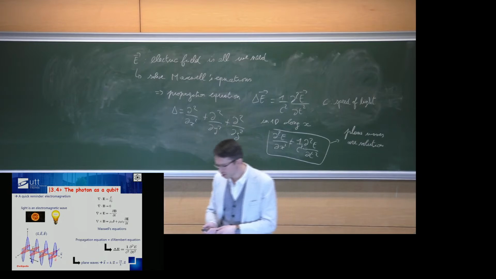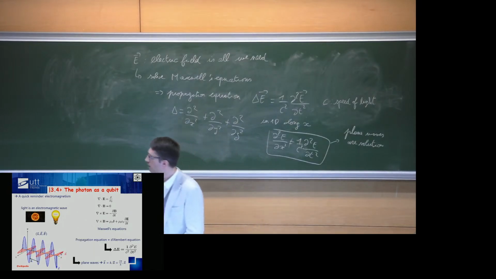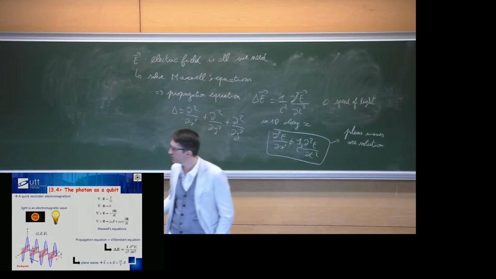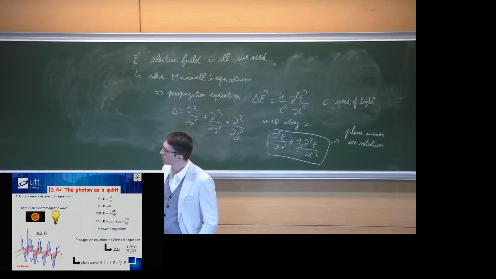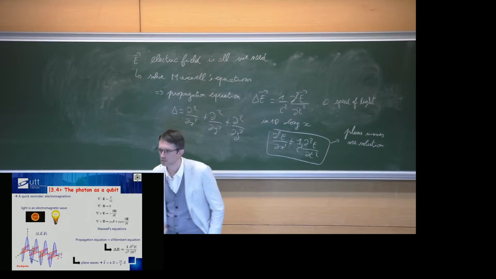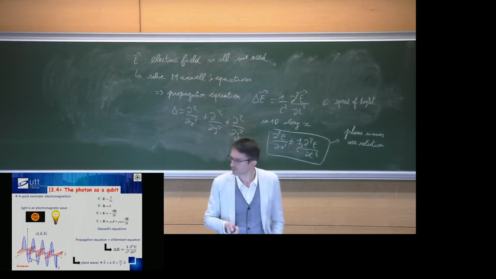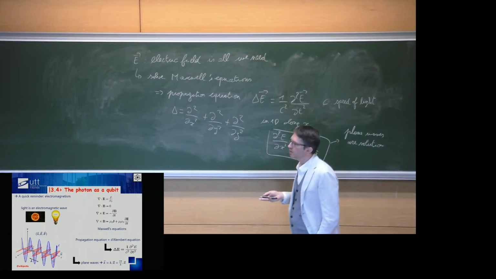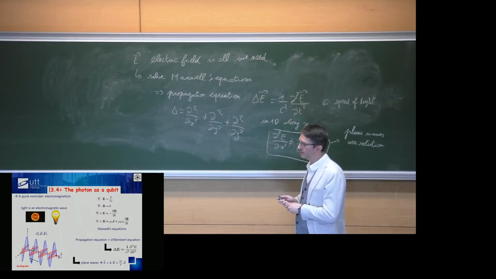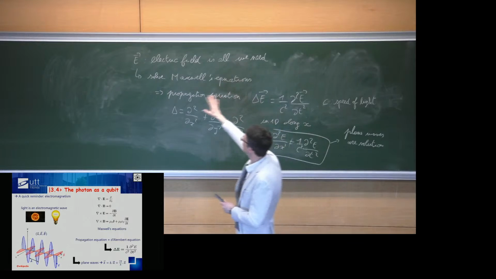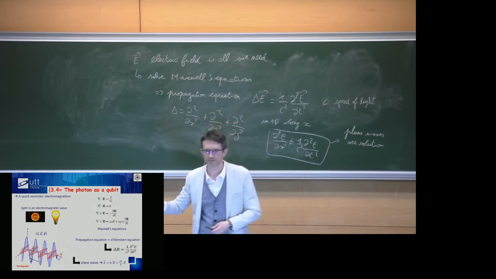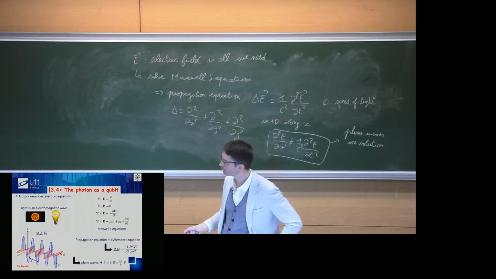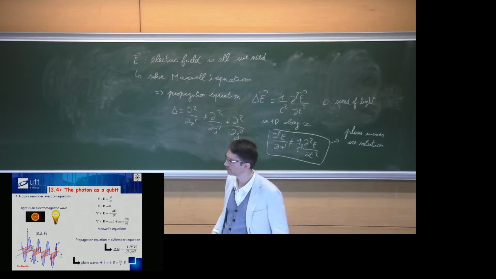So that's what I was saying earlier: the good thing is we don't have to worry about knowing B so much, because once we have E, then thanks to Maxwell's equations, I can derive B, no problem. That's why usually when we talk about light, we say that light is the electric field component of the wave, and that's enough to represent light.